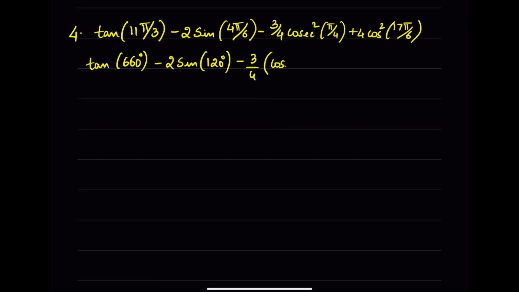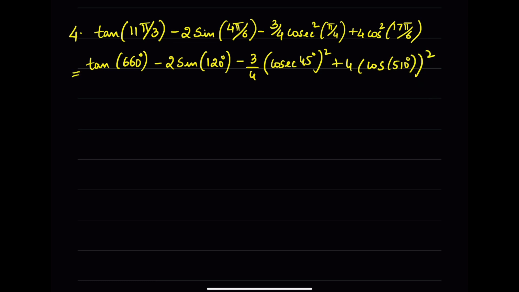This will be cosecant of 45 degrees the whole square plus 4 times, this would be cos of 17 times 30, so this would be 510 degrees the whole square.